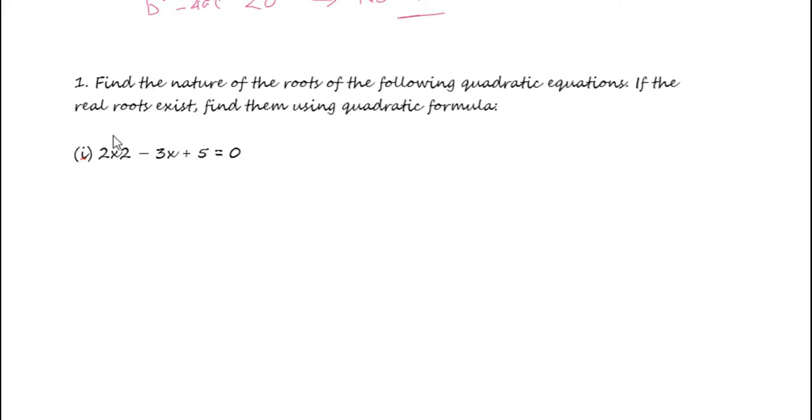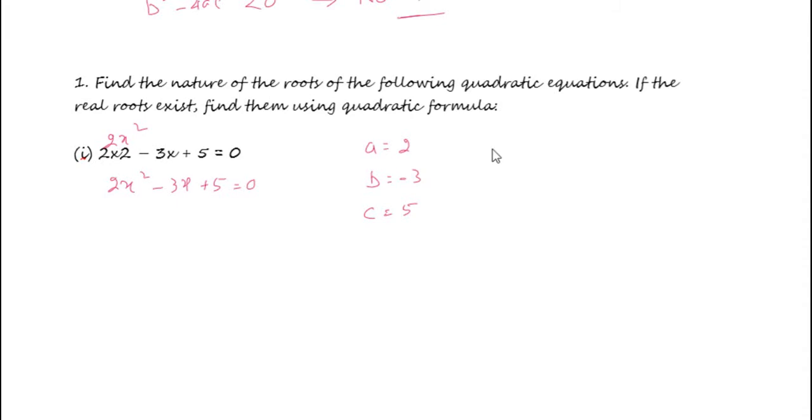This is 2x square minus 3x plus 5 equal to 0. We need to first find out what kind of roots it will have, or whether it will have roots or not. If roots exist, we have to find the roots. Now a equals 2 here, b equals minus 3, c equals 5.